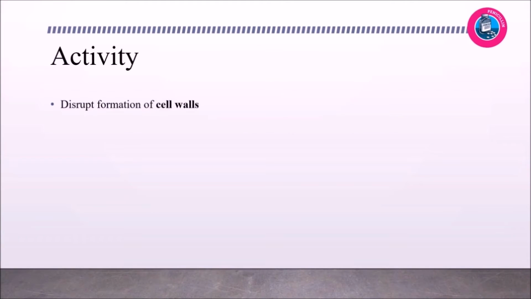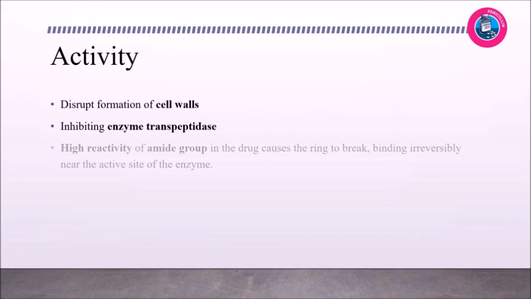These beta-lactam rings work by disrupting the formation of cell walls. This is done by inhibiting the action of a bacterial enzyme, transpeptidase. The high reactivity of the amide group in the drug causes the ring to break, binding irreversibly near the active site of the enzyme.